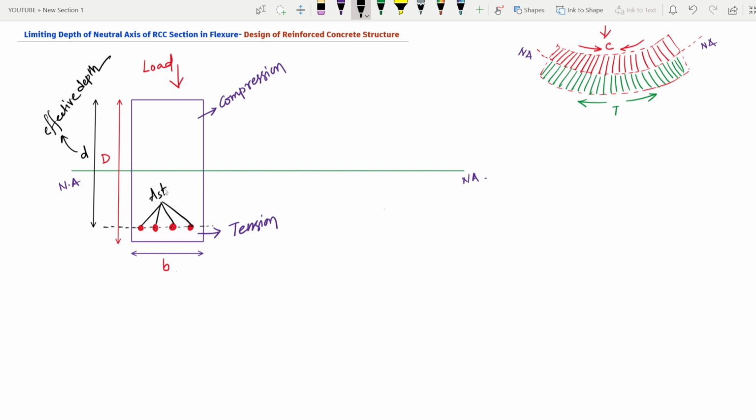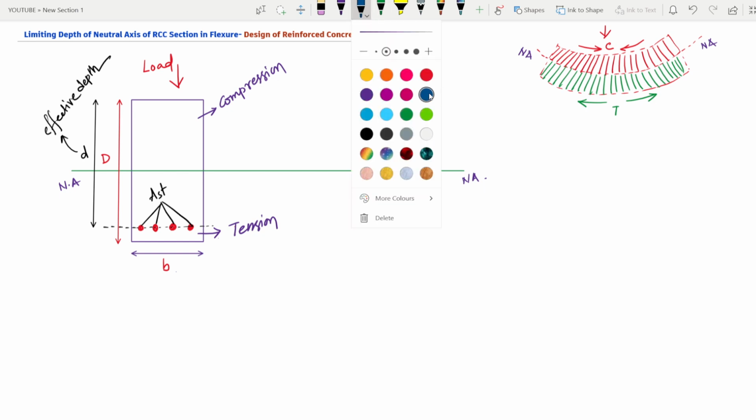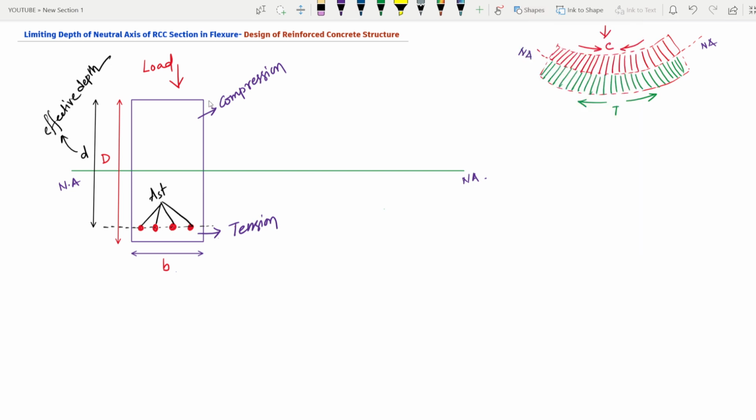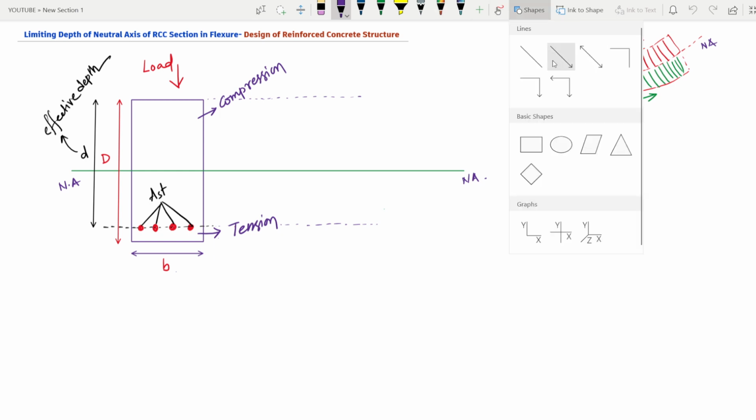Fine. So now if we draw the strain diagram, how will it be? So from here and this. Okay, so I'll draw a line.